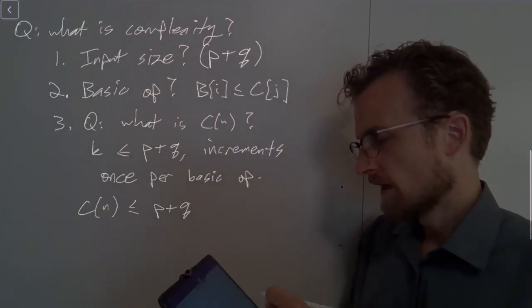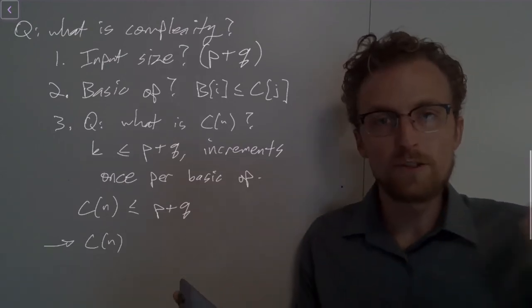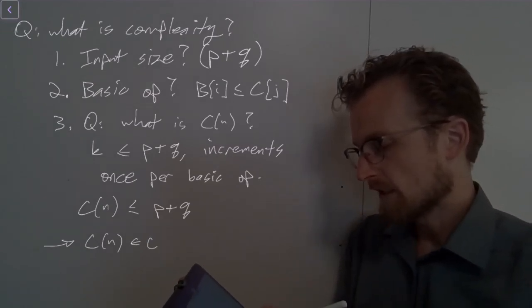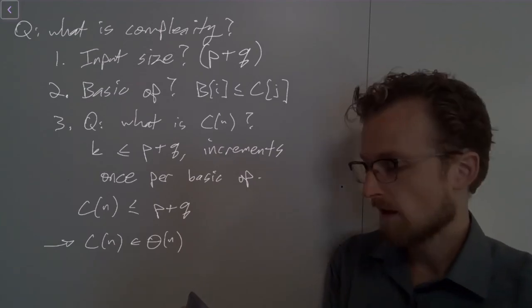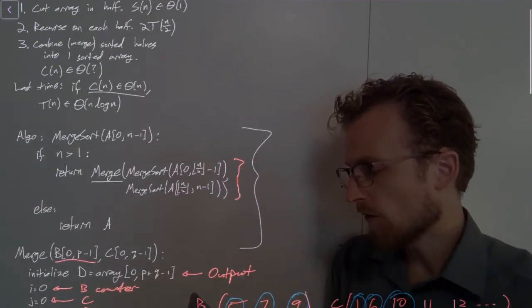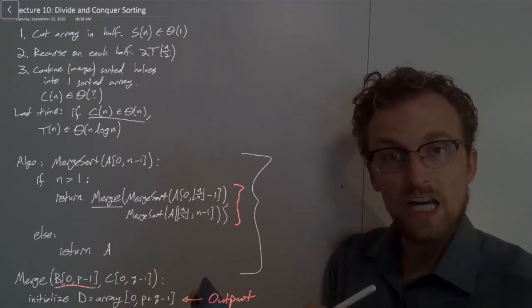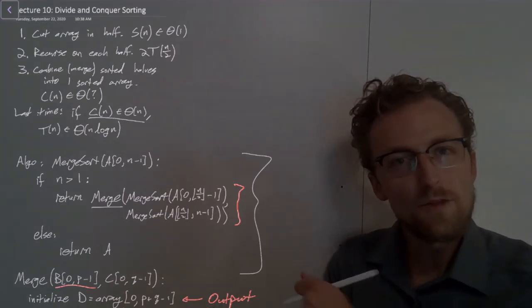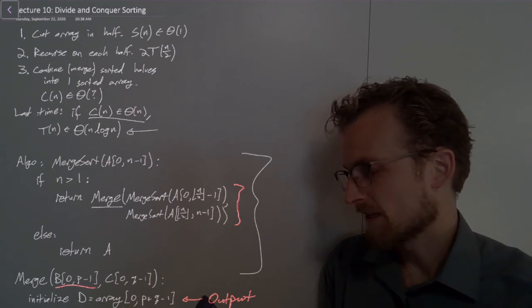So what does this mean? This means that C of n, now referencing the n from Mergesort, can be thought of as a linear time algorithm. So it's a big theta of n. And if we scroll all the way back to our question, where we said, let's hypothetically imagine what we could get out of Mergesort if the merge function were linear time, and we said we'd get this n log n.